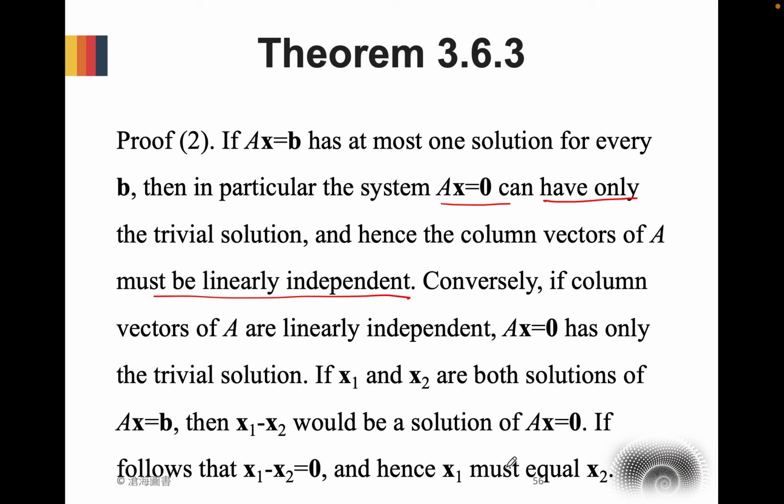Therefore, x1 must be equal to x2, so we have only one unique solution. Okay, so this is theorem 3.6.3.